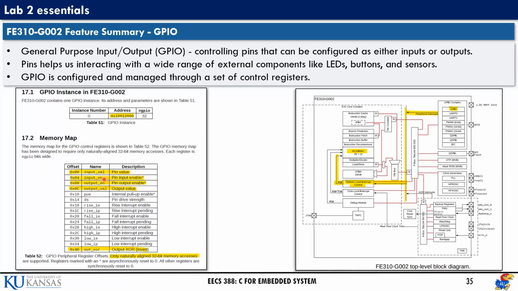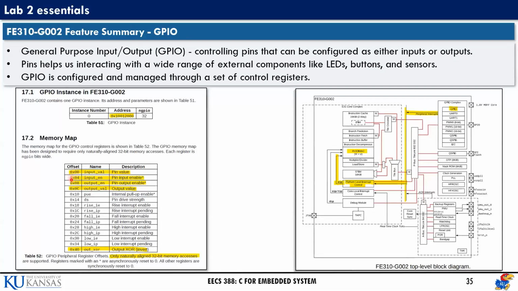Here we have the base address of those registers, and if we add different offsets to those base addresses, we can control those register values.